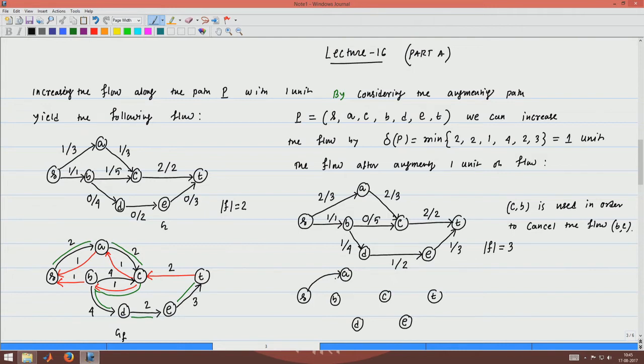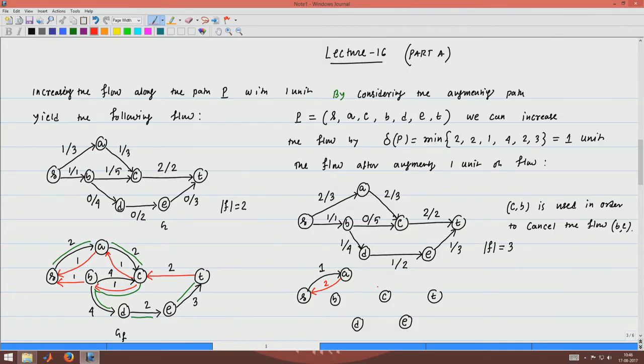So, here I will just draw first all the forward edges, forward edge with capacity 1. Okay, let me do one by one. And the backward edge, there is a backward edge of capacity 2.